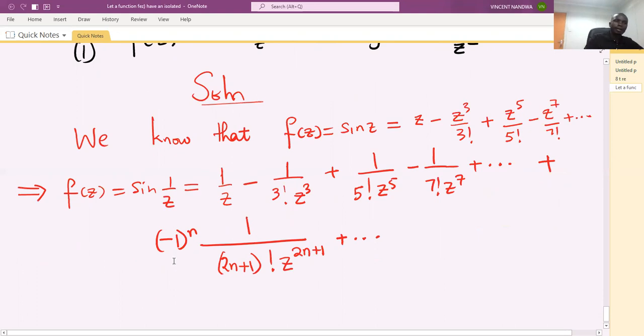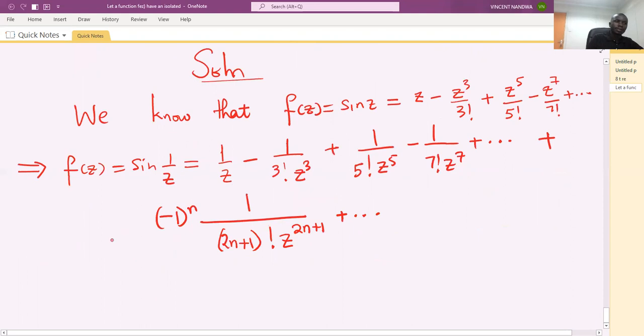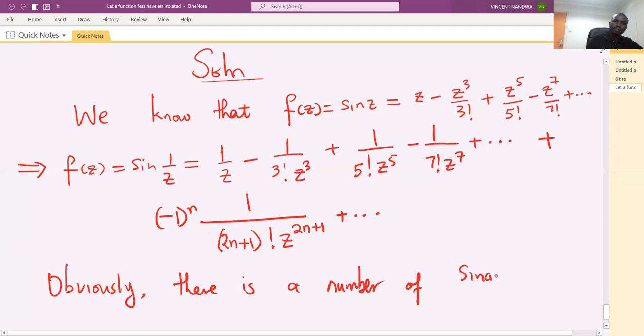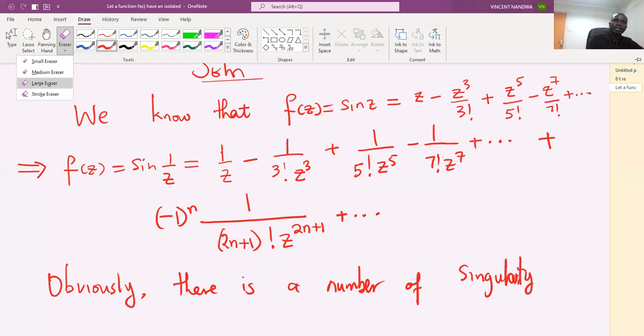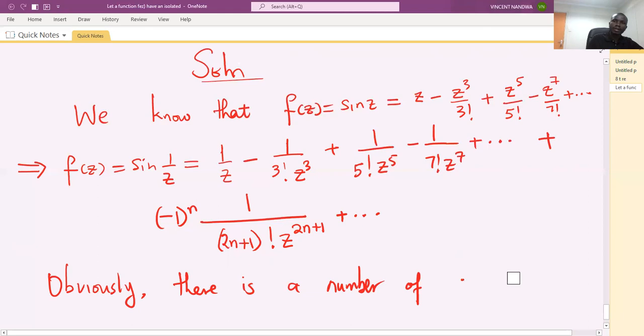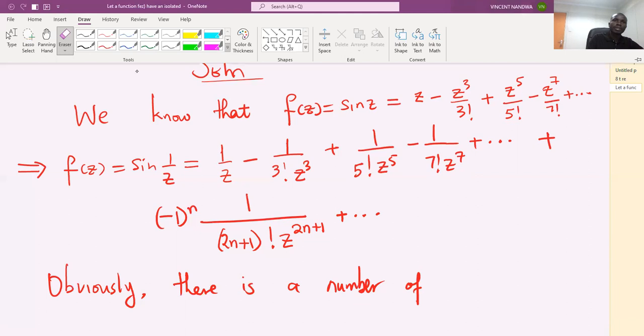So obviously there is a number of singularity, since we know that sine of 1 over z is not defined or is not analytic at the point z equals to 0.